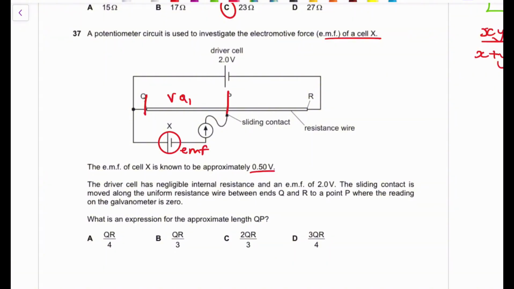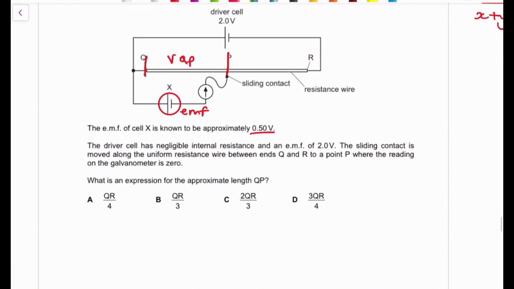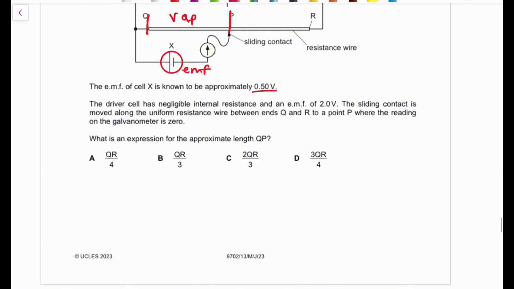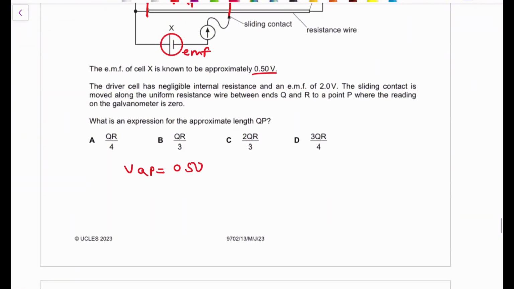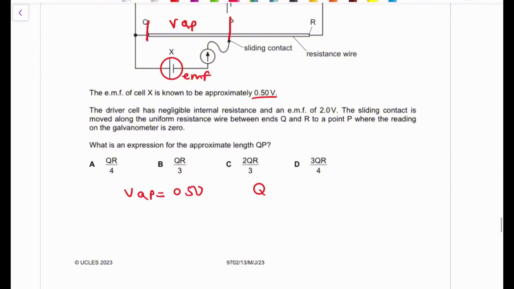So VQP should be equivalent to the EMF of that. If this cell has an EMF of 0.50, VQP will also be 0.50. But it also means that QP divided by QR multiplied by 2.0 should be equivalent to 0.50, right?